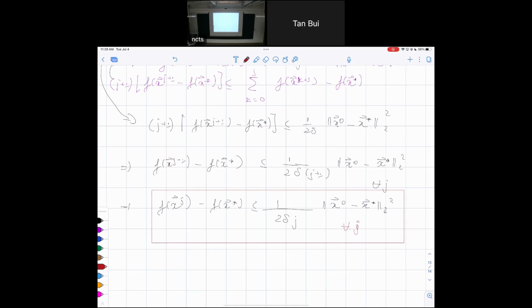Everybody okay with big O notation? So this is big O notation.